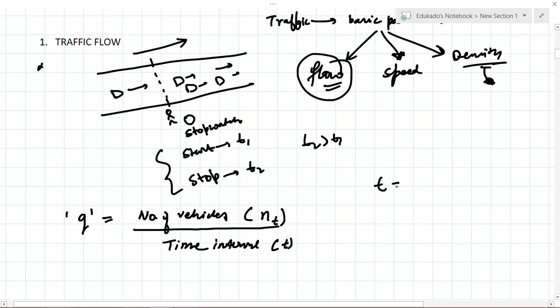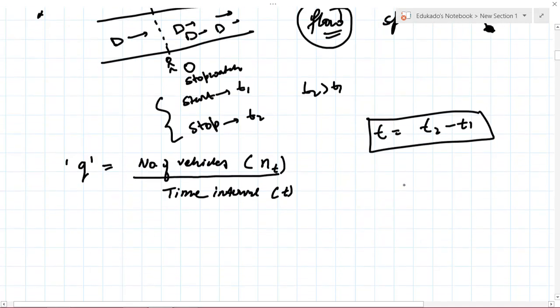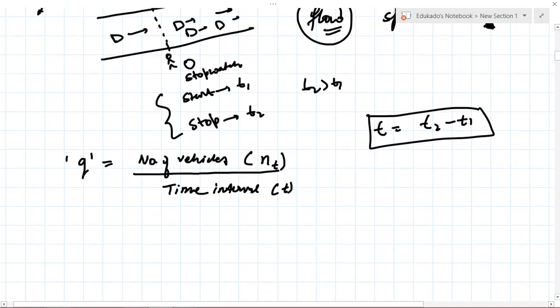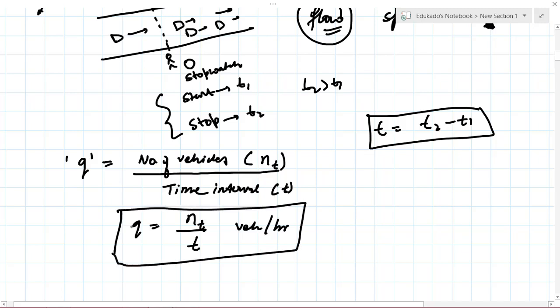So this t is nothing but t2 minus t1. That's all there is to know about it. So q is equal to n divided by t, and the unit can be vehicles per hour. That's all you need to know about what flow is.